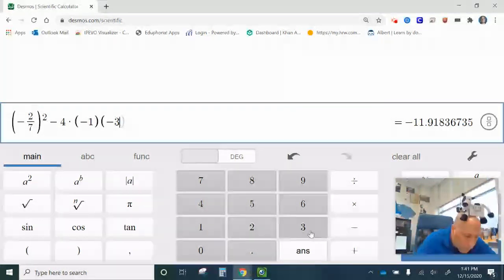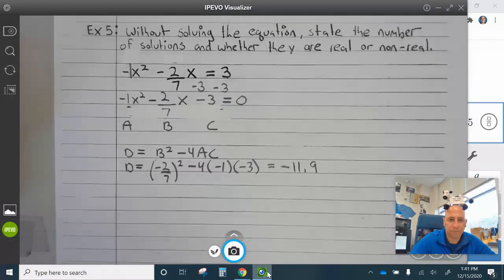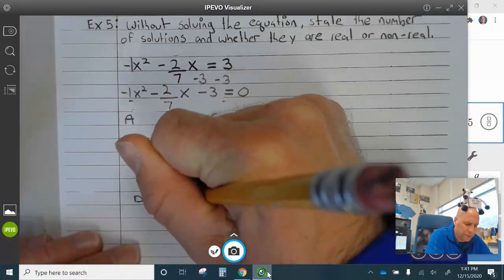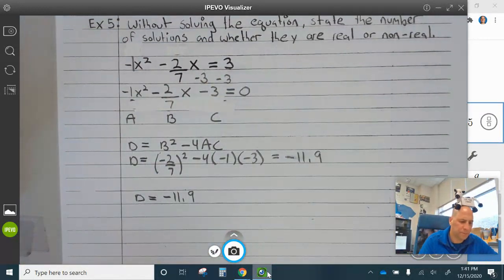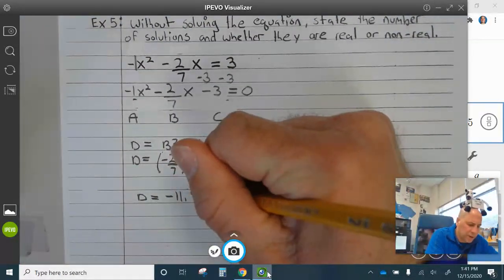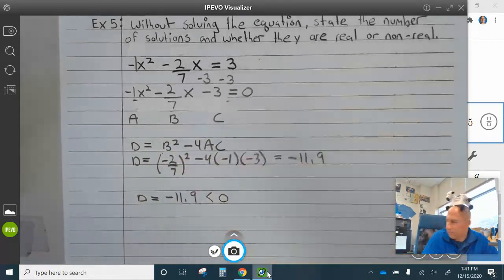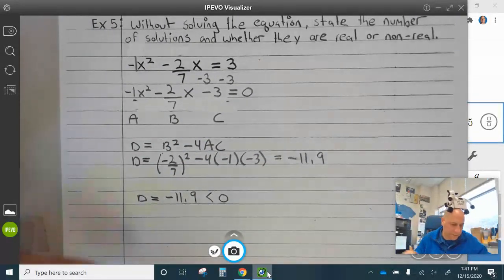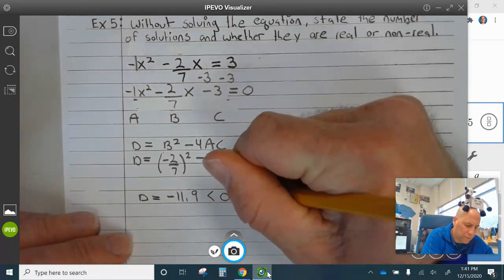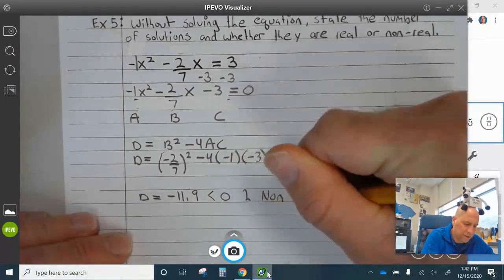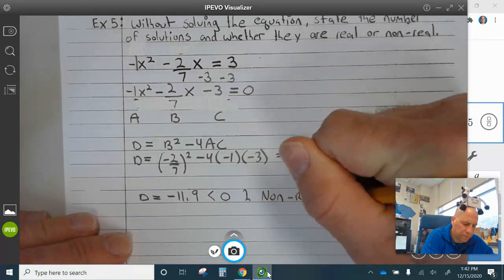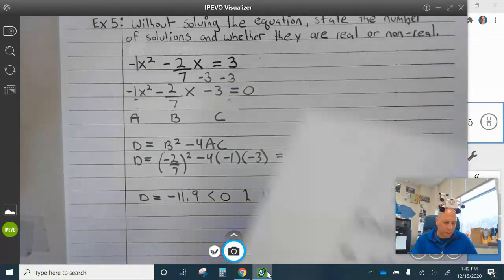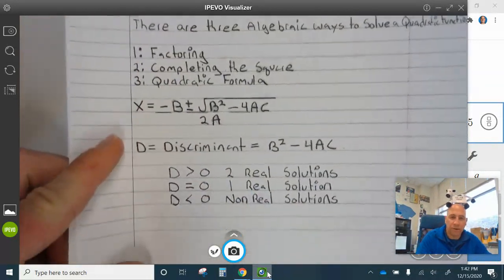Okay, so let's just round to the tenths place, so let's call that negative 11.9. Nonetheless, the discriminant equals negative 11.9, which is less than 0, which we know when it's less than 0, it has 2 non-real solutions. Which reminds me, we need to update this.